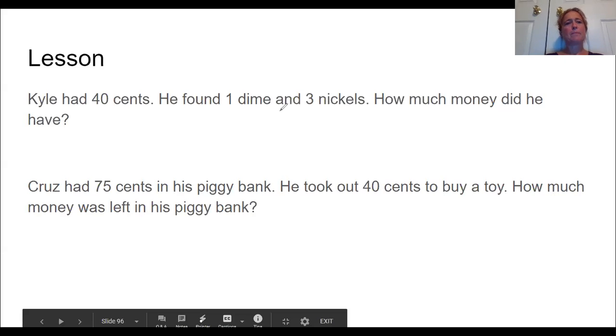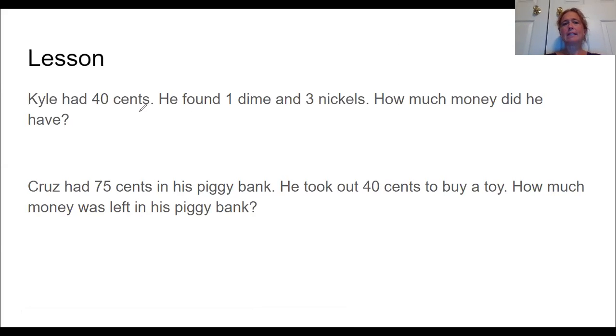All right, so Kyle had 40 cents. He found 1 dime and 3 nickels. How much money did he have? Before we can complete our actual equation, we have to figure out how much he found, because it tells us the coins he found, but not the actual amount. He found 1 dime, which is worth 10 cents.